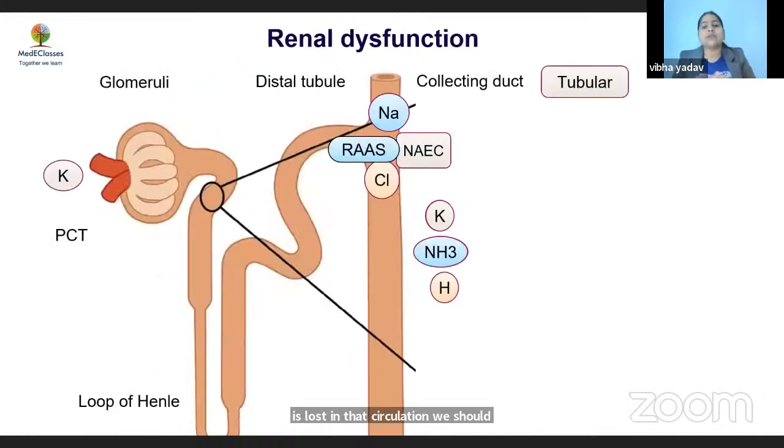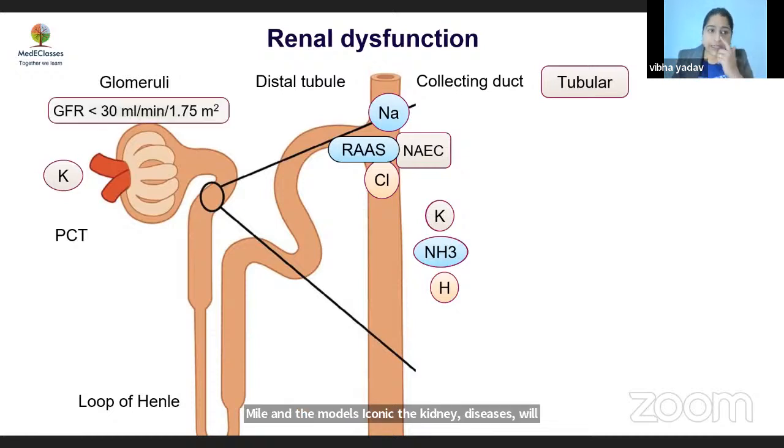So what happens in renal dysfunction? As sir has already discussed, hyperkalemia will always happen if the renal function is impaired, if the kidneys are not able to excrete the excess potassium into the urine. So mild and moderate chronic kidney disease will not cause hyperkalemia until the GFR becomes less than 30.